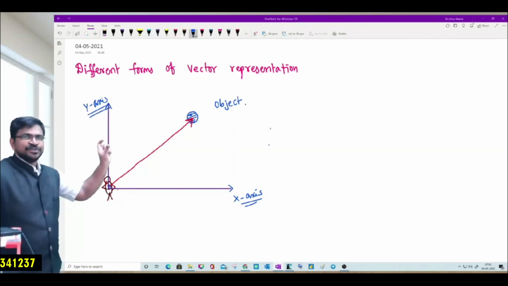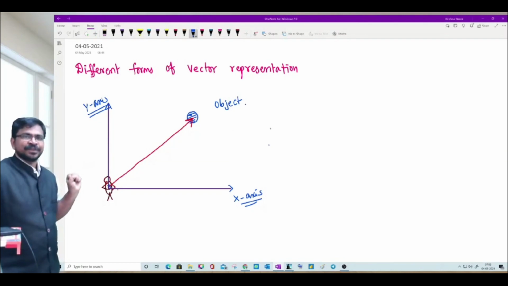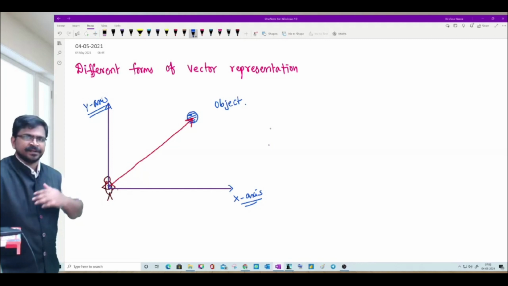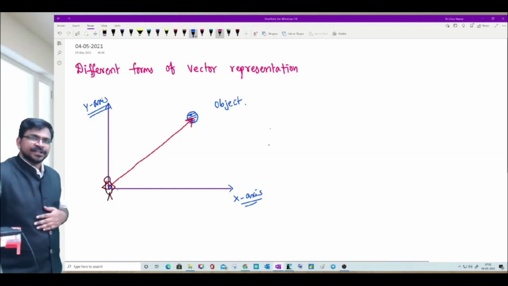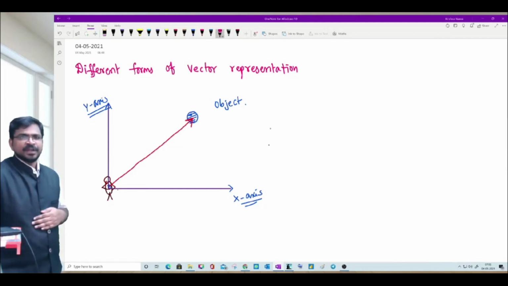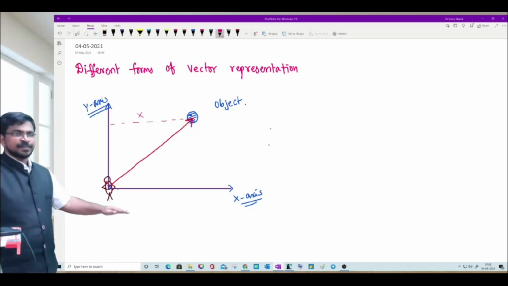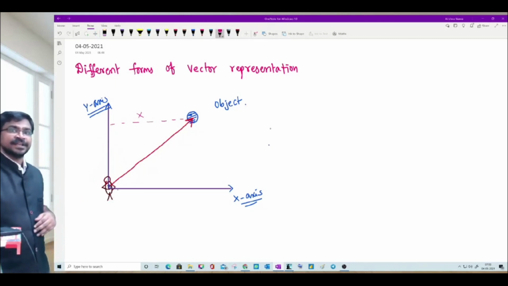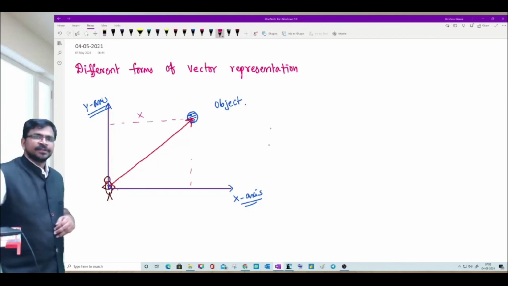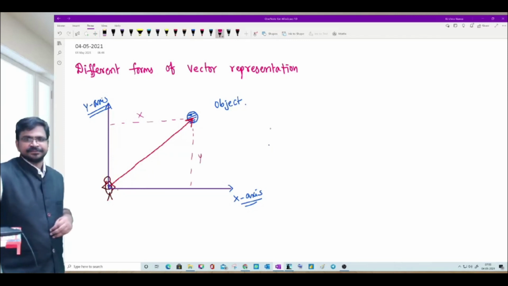To locate that object in the coordinate system, generally we represent it in terms of the abscissa and ordinate. The perpendicular distance from the y-axis is the abscissa, the distance x, and the perpendicular distance from the x-axis is the ordinate, that is the distance y.